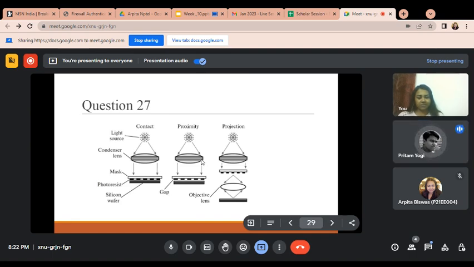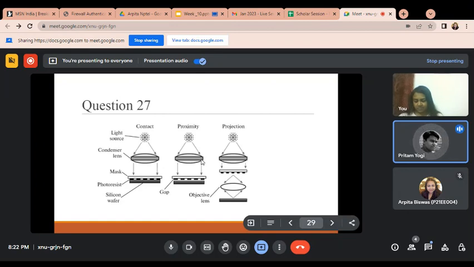In the first one we put that mask and that wafer in contact, but they have some drawback, like we can't use that mask much because it is damaged after every process.